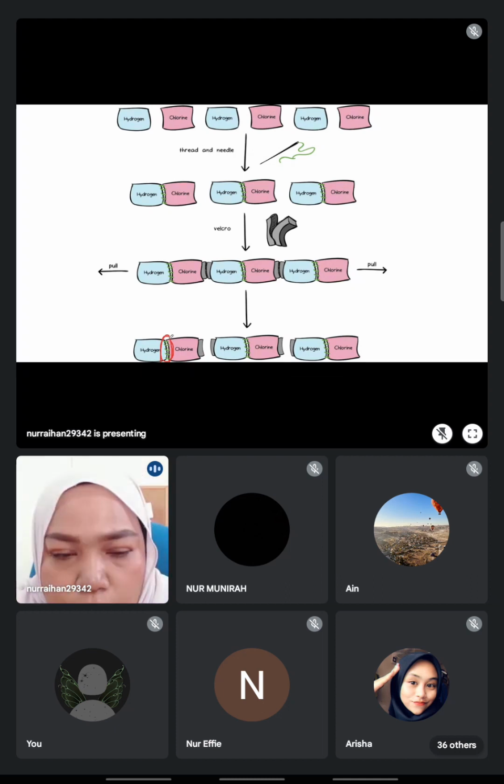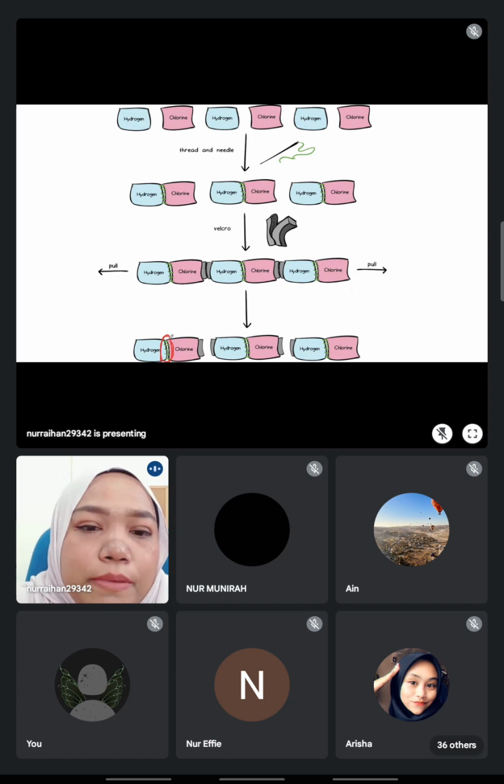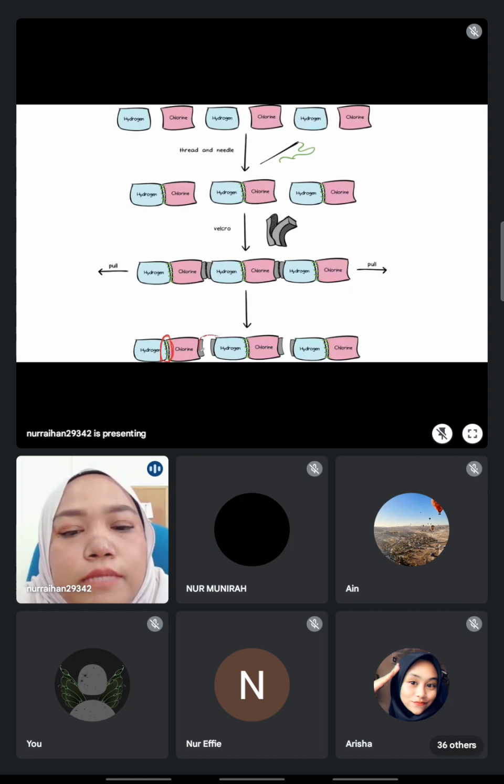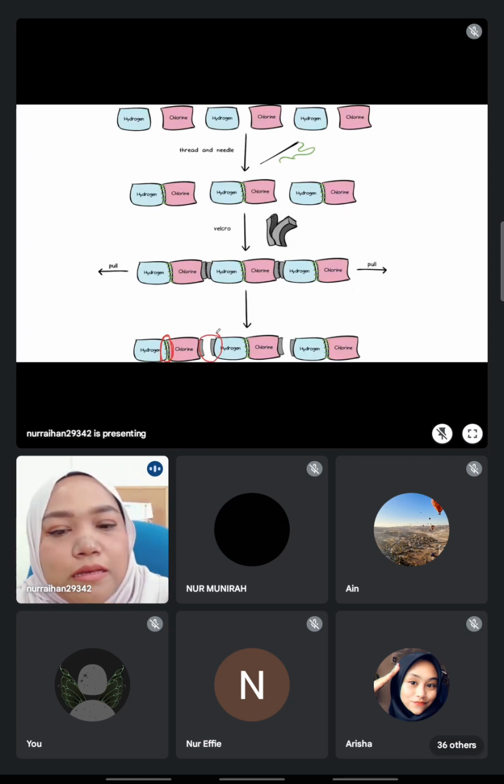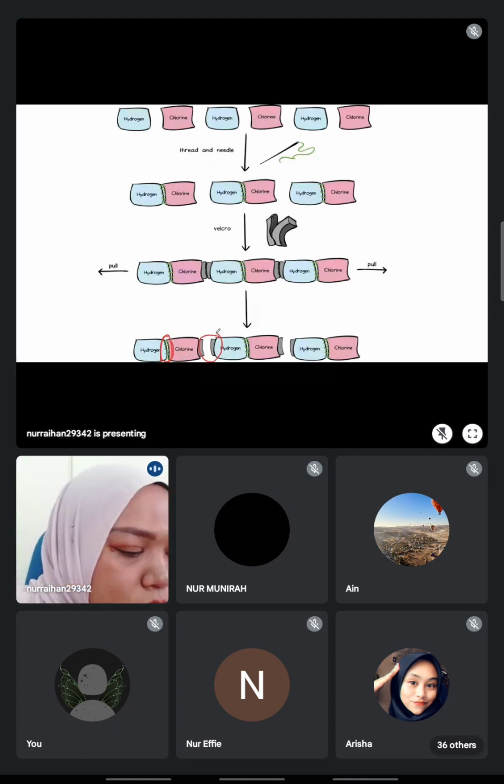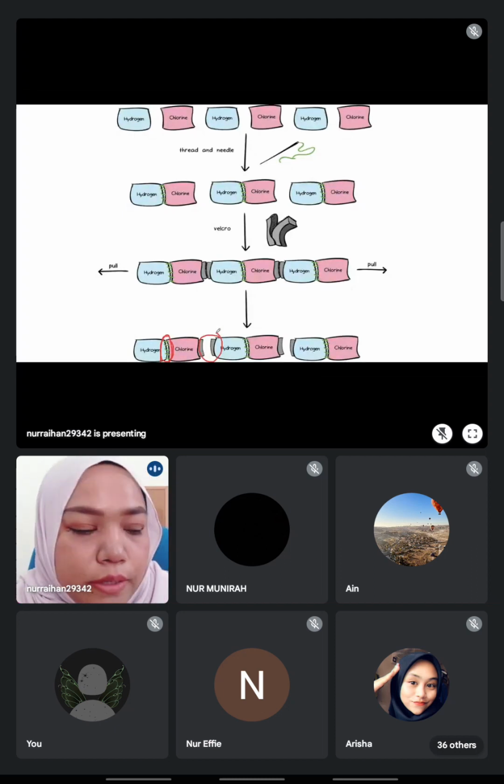Even if you apply energy and pull these elements, they cannot be broken. This one can be either covalent or ionic bonding. Meanwhile, this element is known as the intermolecular forces, the secondary forces, whereby they can be broken.